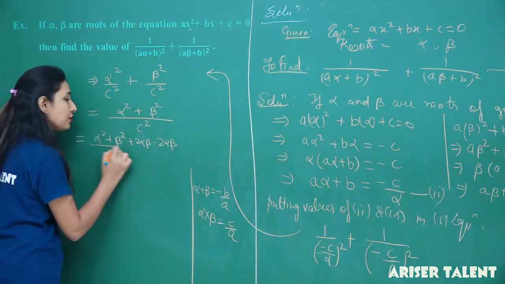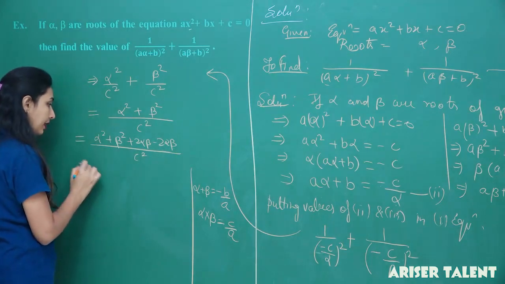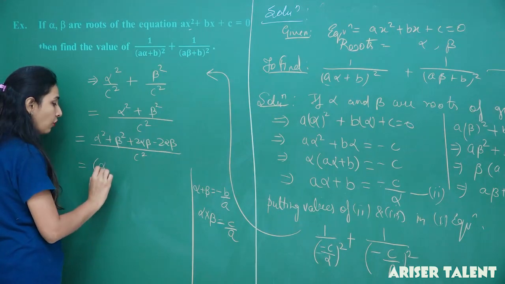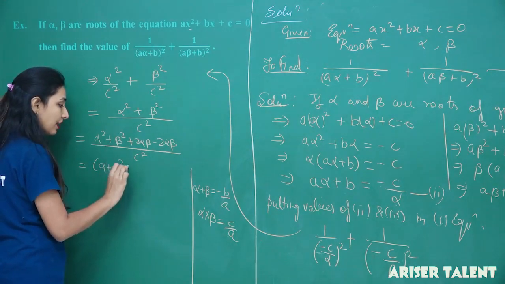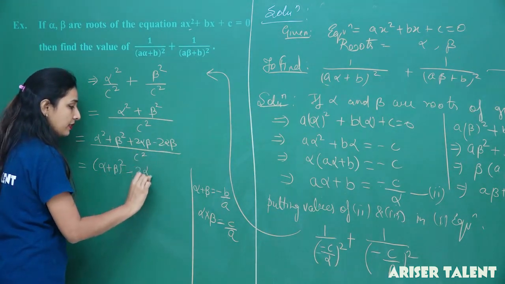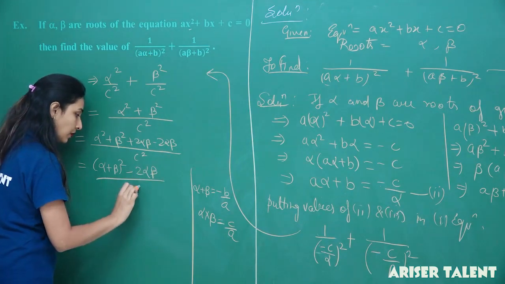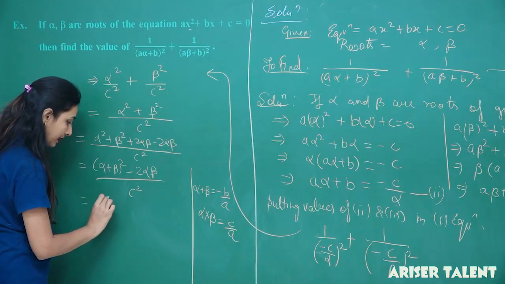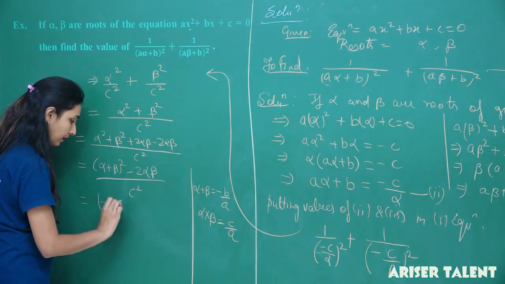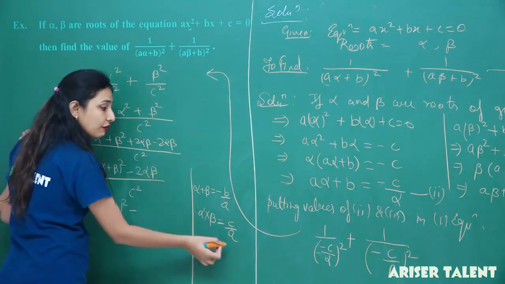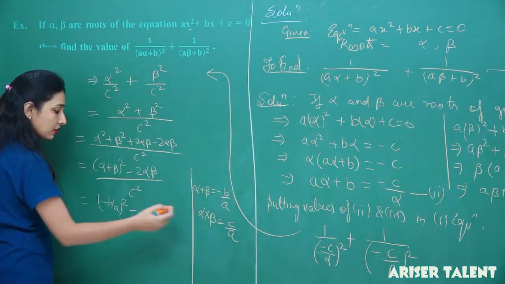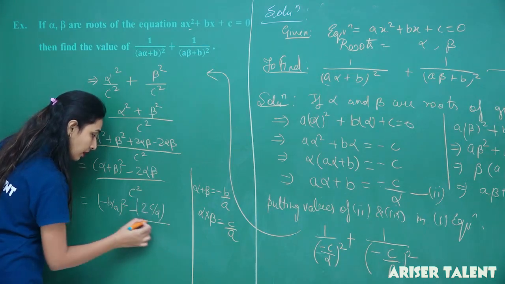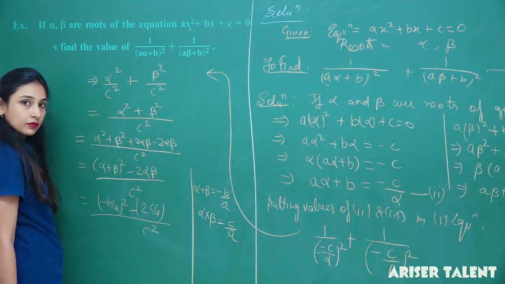So the value is not changed. Like a square plus b square plus 2ab becomes (a plus b) whole square, here it will become (alpha plus beta) whole square minus, as it is, 2 alpha beta, upon c square. Now students, see here: minus b by a whole square minus 2 alpha beta, whose value is c by a, so 2c by a, upon c square.